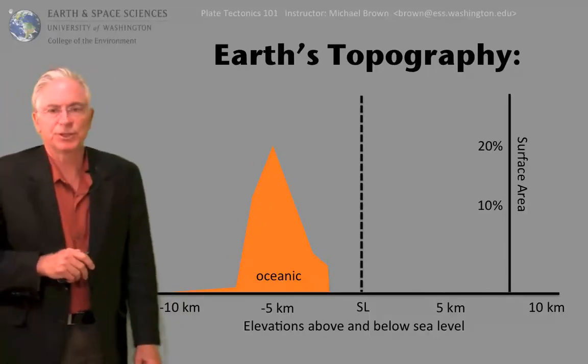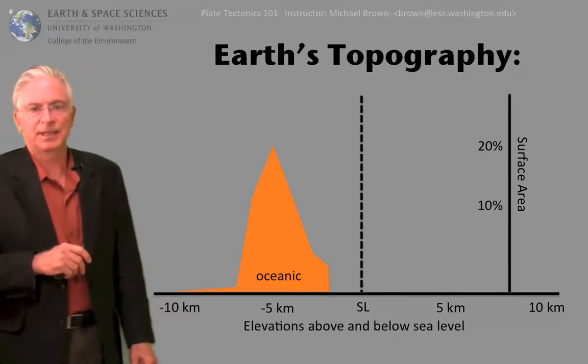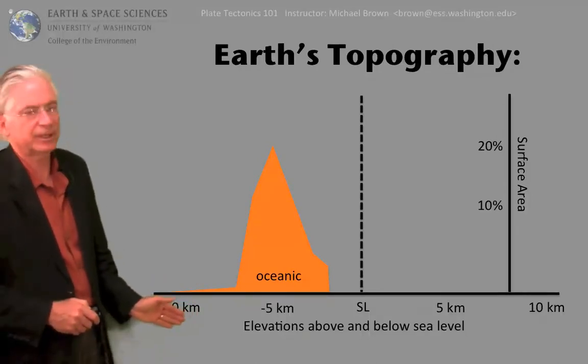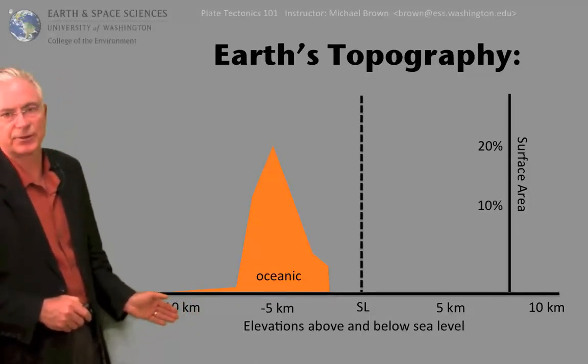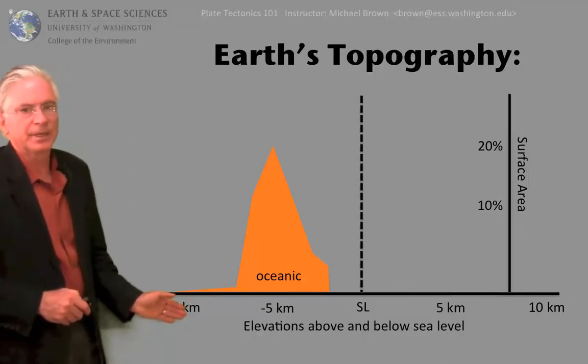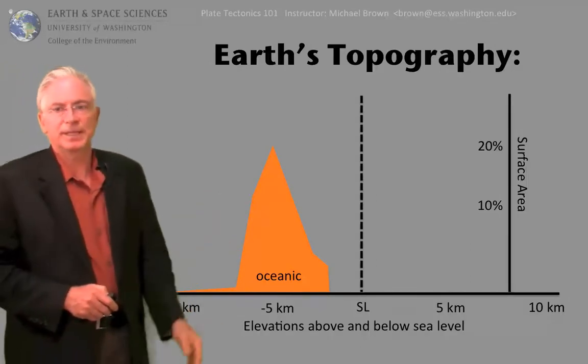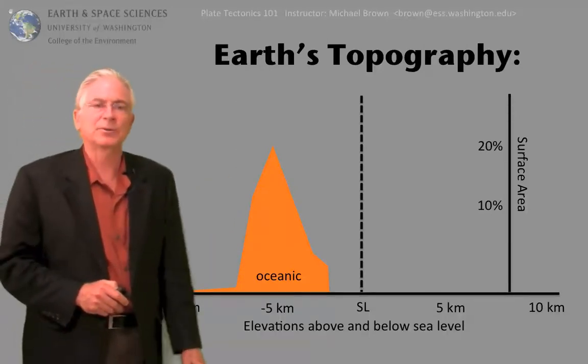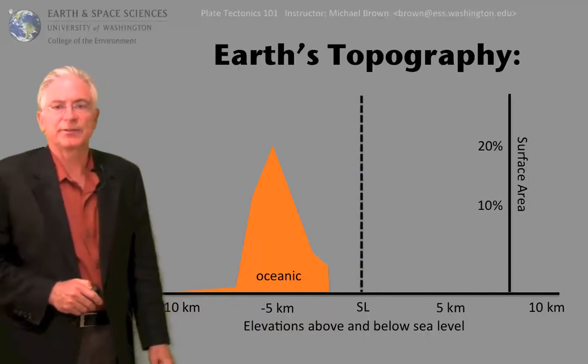The oceanic regions extend from sea level down, and you notice that as it gets to the depths of the Marianas Trench at 11 kilometers, very little of the Earth's surface is that deep. But you'll notice it comes up to a peak of a little less than 20% of the Earth's surface at a depth of about 5 kilometers below sea level.